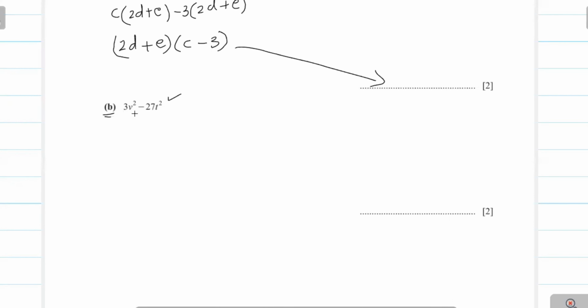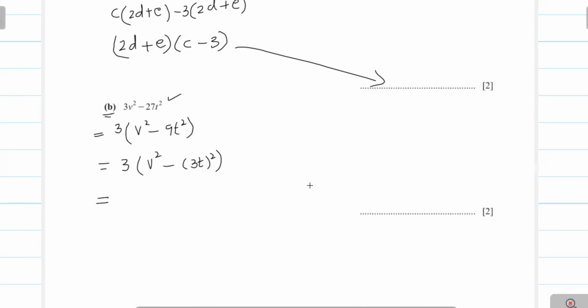Next is part B. Part B, factorize 3v square minus 27t square. To factorize any expression, firstly we will take the common. You see here 3 is common, therefore the remaining expression becomes v square minus 9t square. Next, you can see this v square is written as it is, and we write 3t whole square. Now this is v square minus 3t whole square.